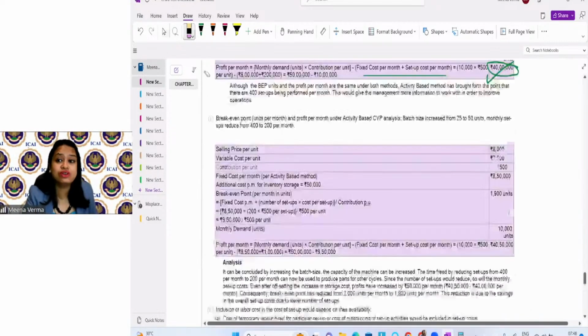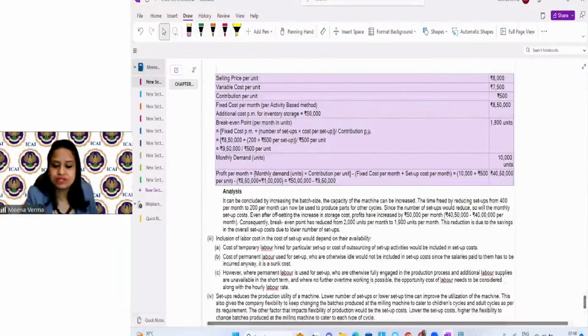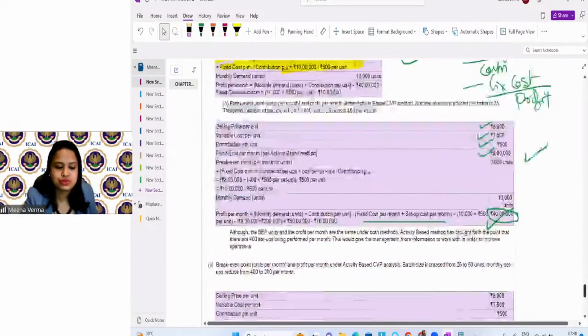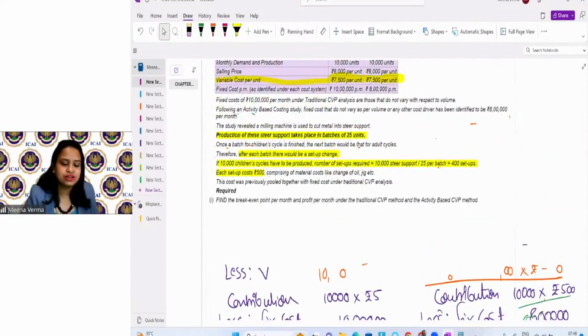With the help of just-in-time system, we focus on reducing what? Setup cost. Cellular manufacturing. You remember, in case of just-in-time system, we do not want to produce the goods in batches. You can see here, they are actually producing the goods in batches, 25 units in one batch. But in just-in-time system, we do not want to produce the goods in batches.